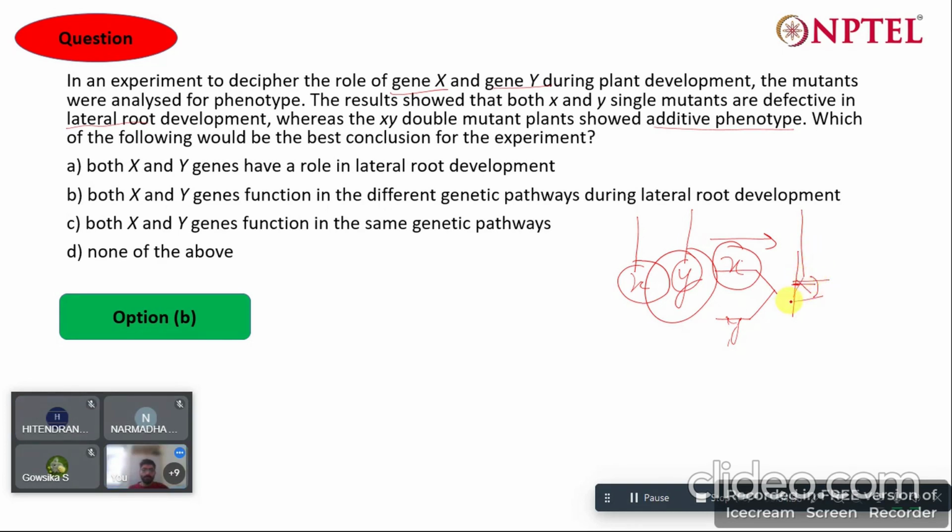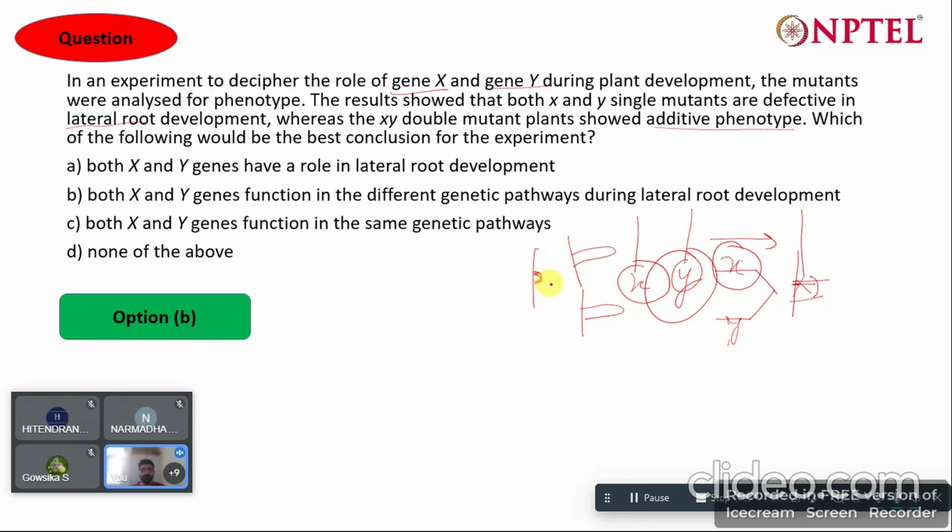Okay, so that is why in this question, if we are looking at this, when X was mutated, suppose we are studying the lateral root development, so this much amount of lateral root was visible, and similar was the case with Y. But when both the genes were mutated, no lateral root was observed.